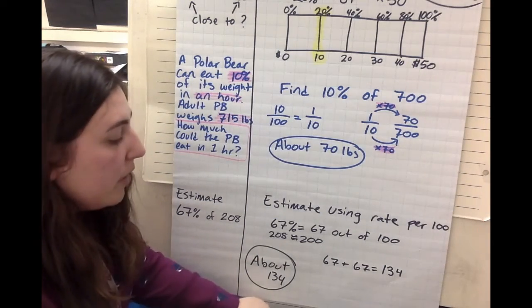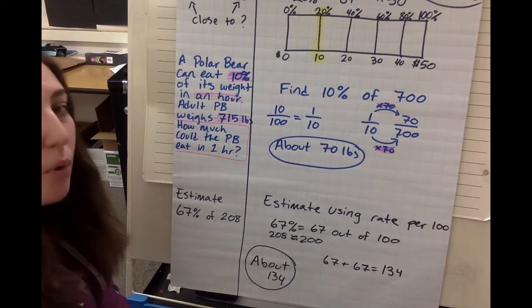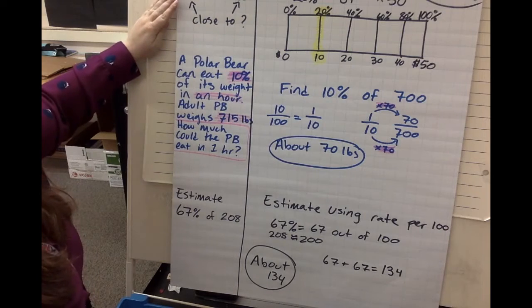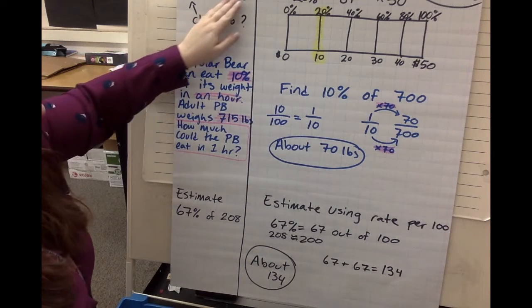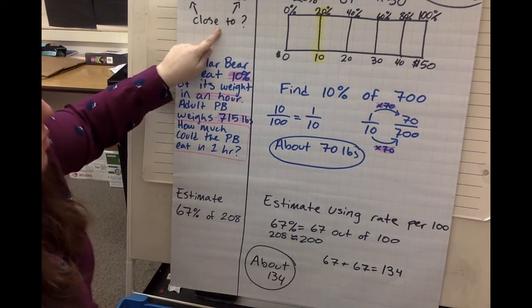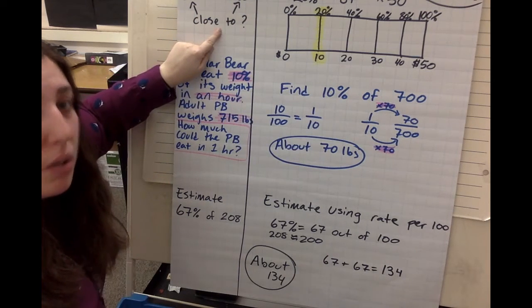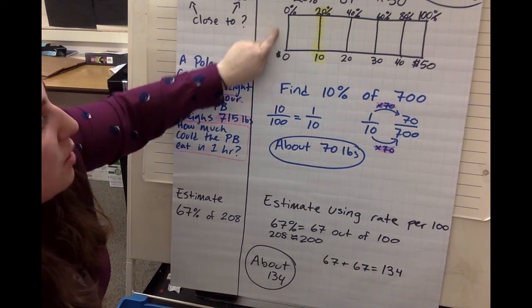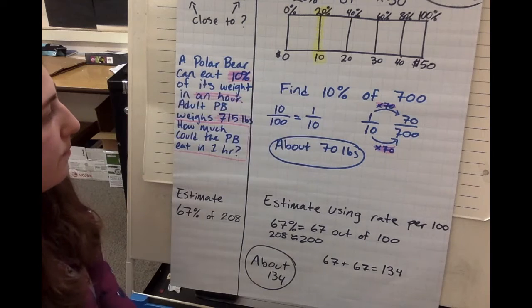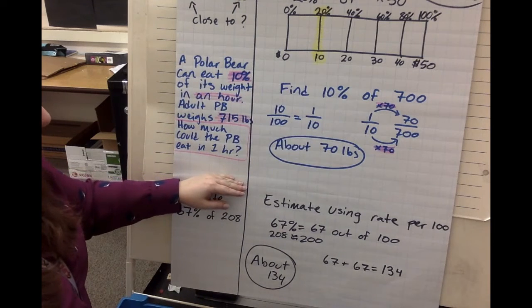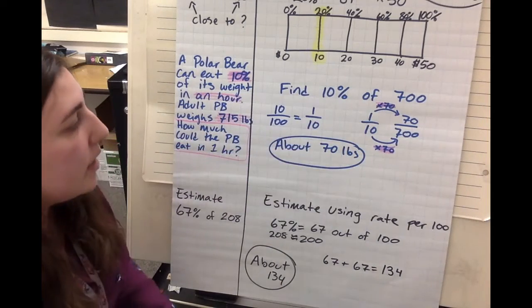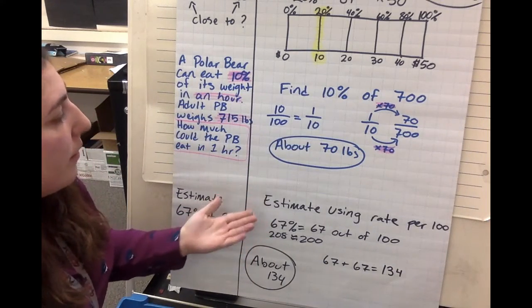Okay, one more thing. So just to sum up what we did here, in the first one we used a diagram to try to solve a percent of something. Okay, so we rounded both of these numbers to a number that it was close to, and then we were able to make a diagram and find the percent of the dollar amount. This second strategy, we used the idea of equivalent ratios to find the percentage of a number.